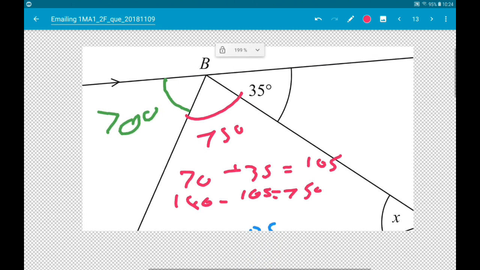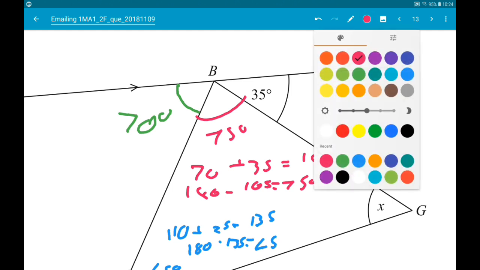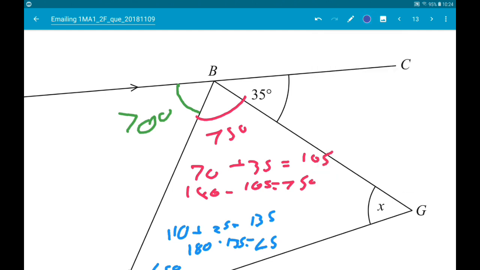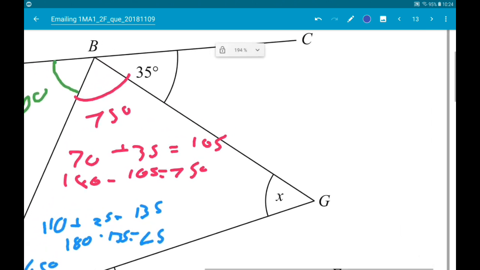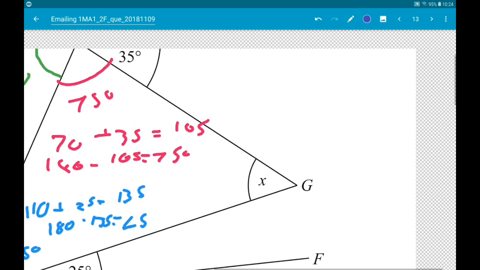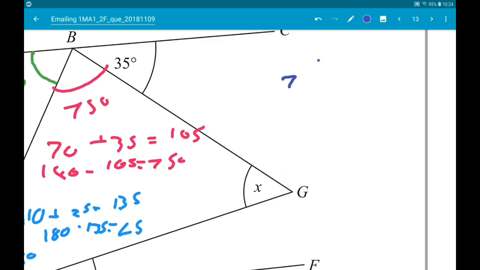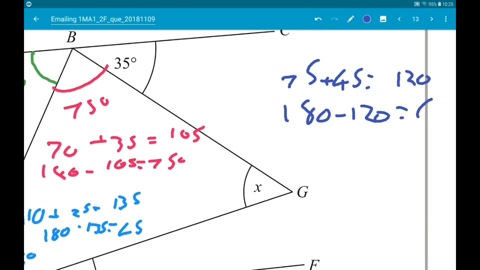So now we know two angles inside this triangle. So the final reason you would want to write down is angles in a triangle add up to 180, and then 75 add 45 is equal to 120. 180 minus 120 is 60.